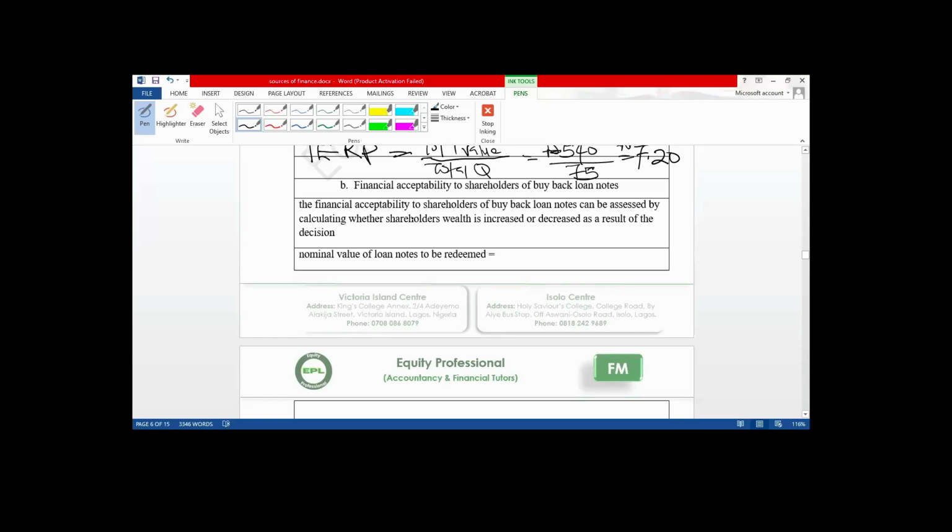The financial acceptability to shareholders to buy back the loan notes can be assessed by calculating whether shareholders' wealth is increased or decreased as a result of the decision. The nominal value of loan to be redeemed. I'll come back to this, don't worry.